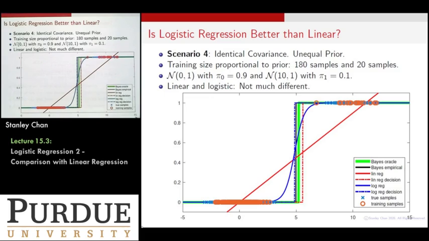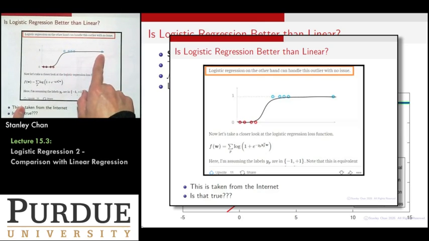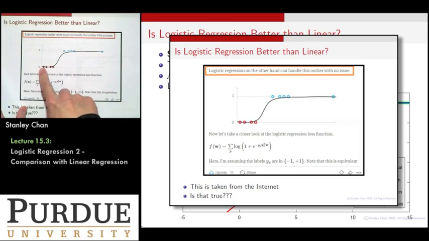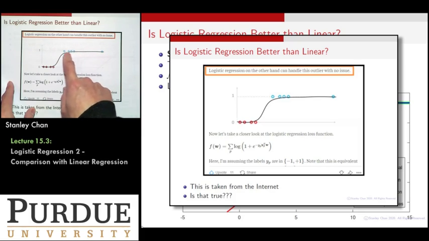So to this point, we can go back to the question that I asked you in the beginning. Is this really a benefit of the logistic regression? The answer is no. Because by fitting this outlier well, you're just making the training set happy.